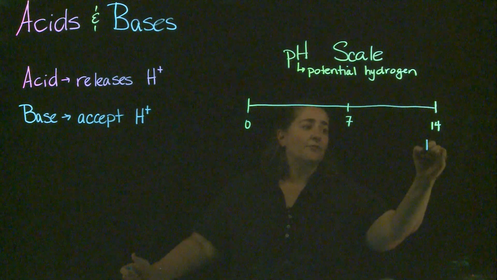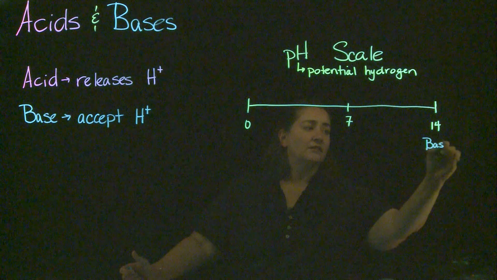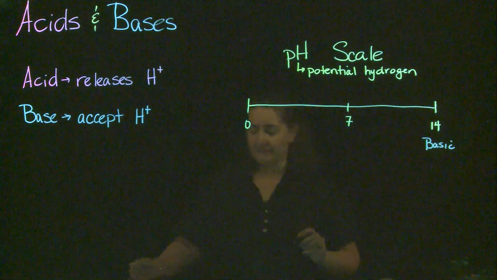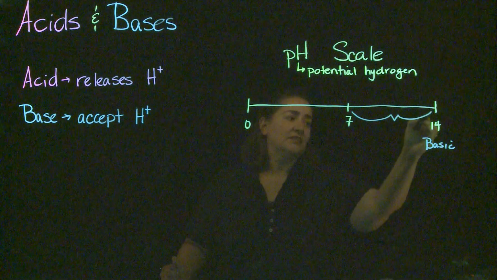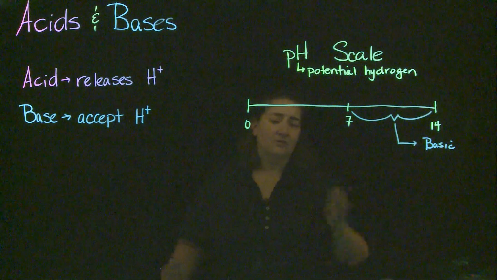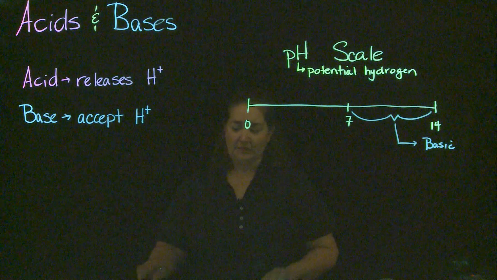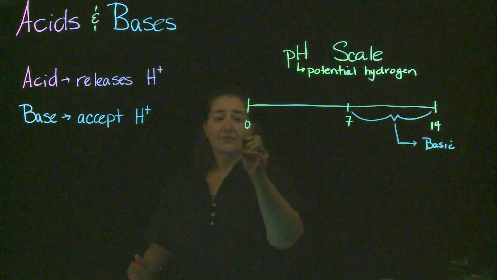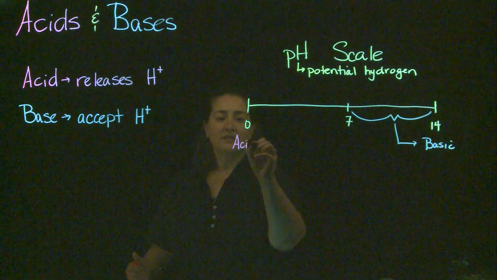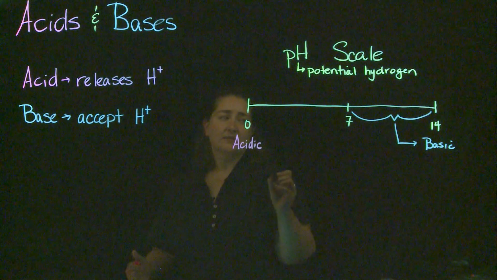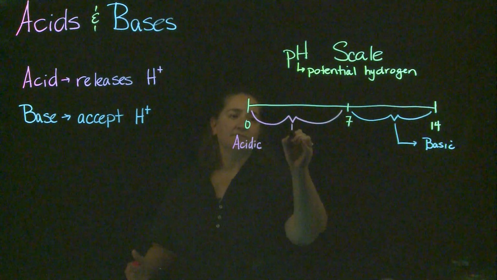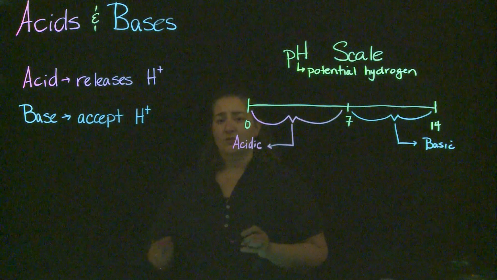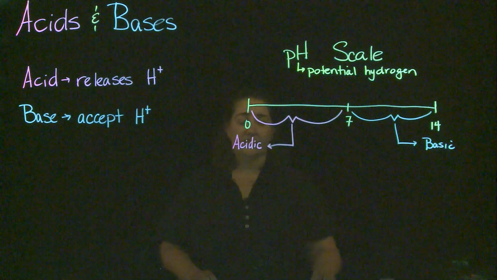All the way out here at 14, this is going to be basic, all right? And really anything between 7 and 14 is going to fall into that category, okay? Down at 0 here, this is going to be acidic, all right? Again, anything between 0 and 7 is going to register as something acidic on our pH scale.